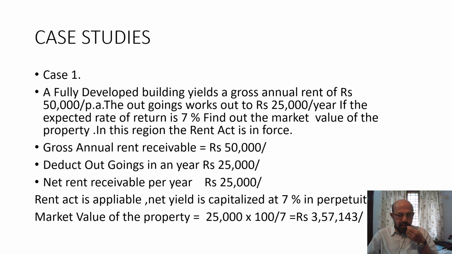That is equal to 25,000 into 100 divided by 7, which is equal to rupees 3,57,143. Then, as per the formula, for years at perpetuity, it is 1 by R. That is 1 divided by 0.07, which is equal to 100 by 7.